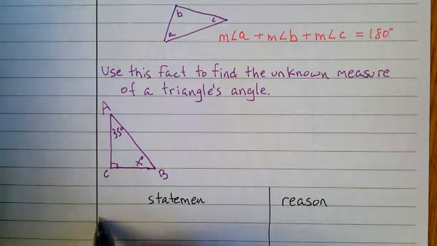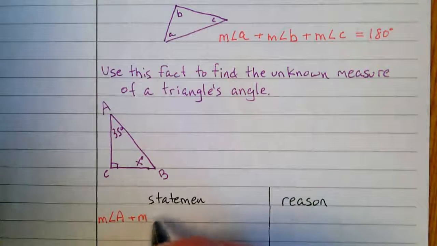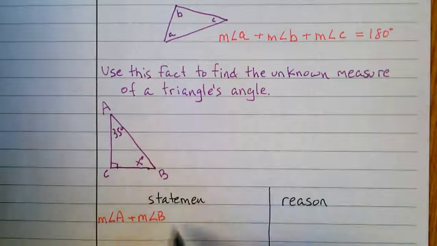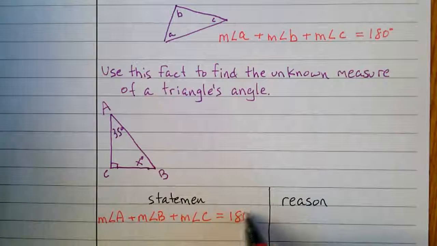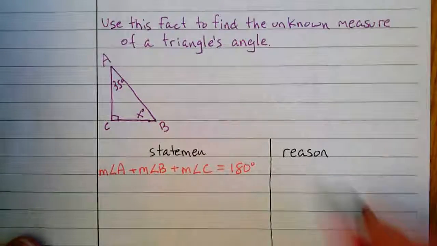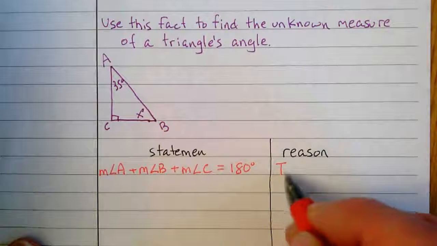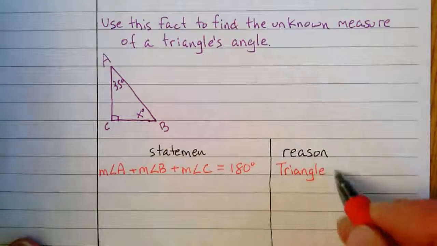So first I'm going to say that the measure of angle A plus the measure of angle B plus the measure of angle C equals 180 degrees. And that is the triangle angle sum.